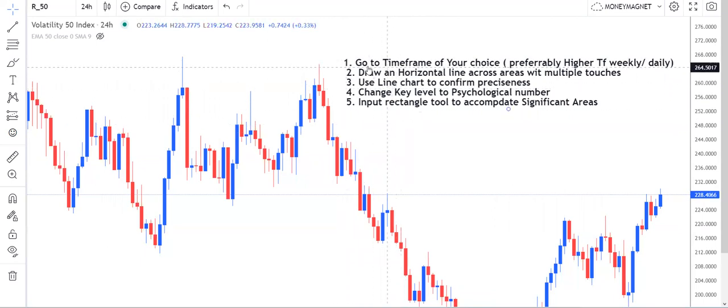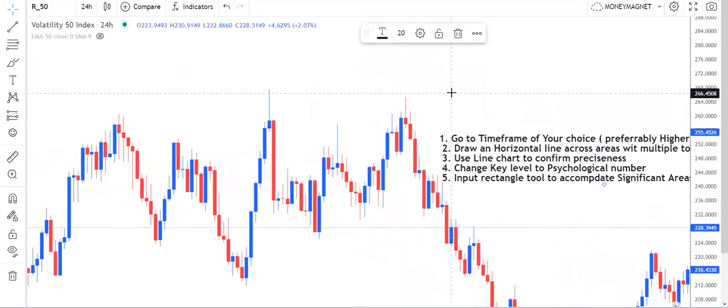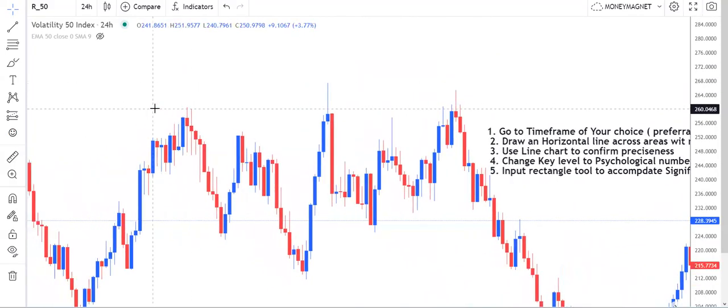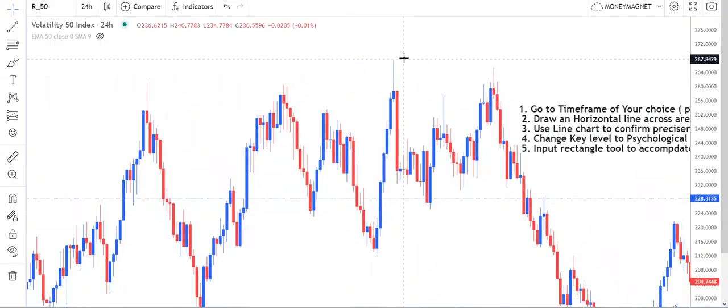Then the second on the list says what? Draw an horizontal line across areas with multiple touches. Clearly, if you noticed, somewhere around this level, we had price coming to this level, and then we had a rejection. Similar point also, and then also, and so we had price reject this very level 4 times upon reaching the level.